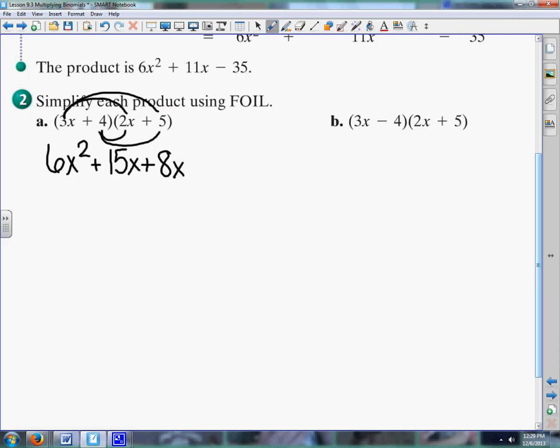And then you do the last numbers, which is 20. So then you have 6x squared plus 23x plus 20. It's the exact same thing as the distributive property, just with this little technique called FOIL. So try B.